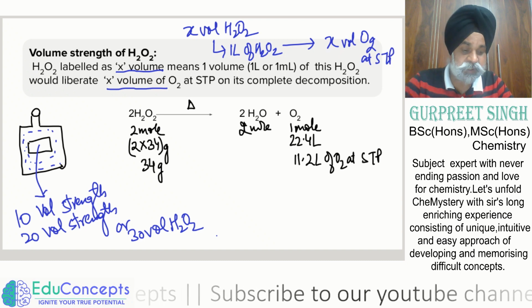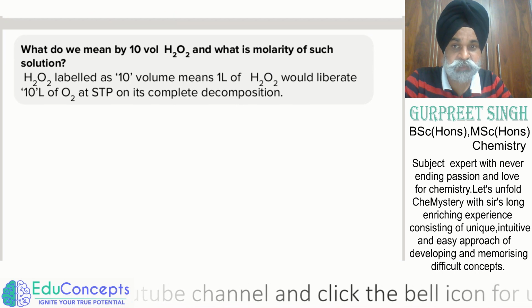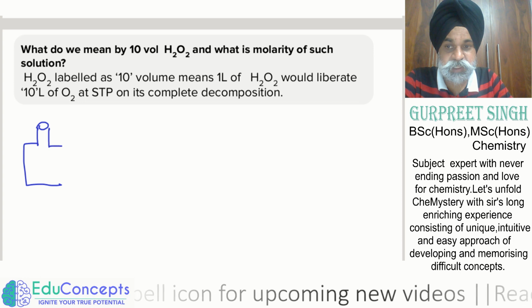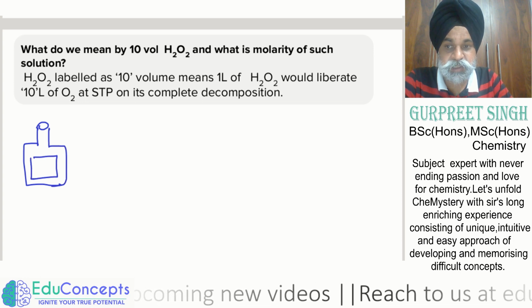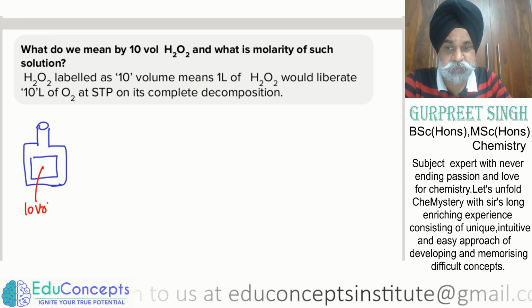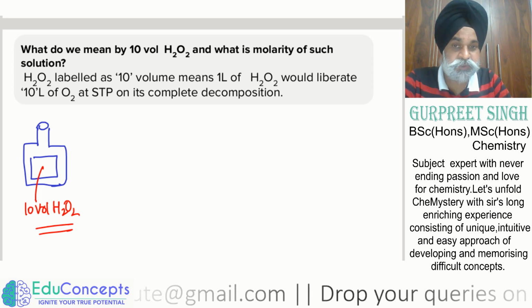Now let us take one example so that you could understand in a speedy way. If you have a bottle labeled as 10 volume H2O2, the story is very simple.